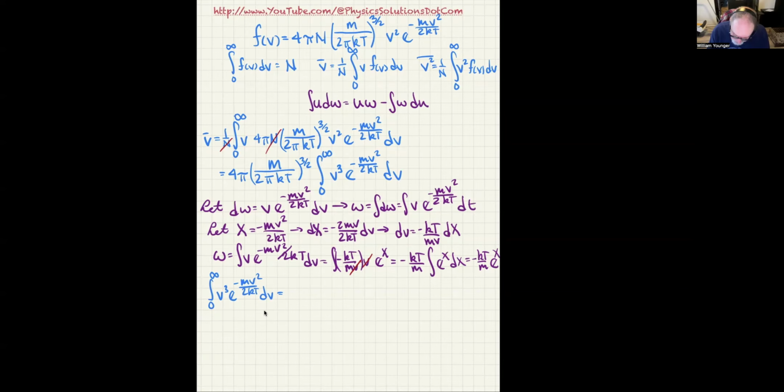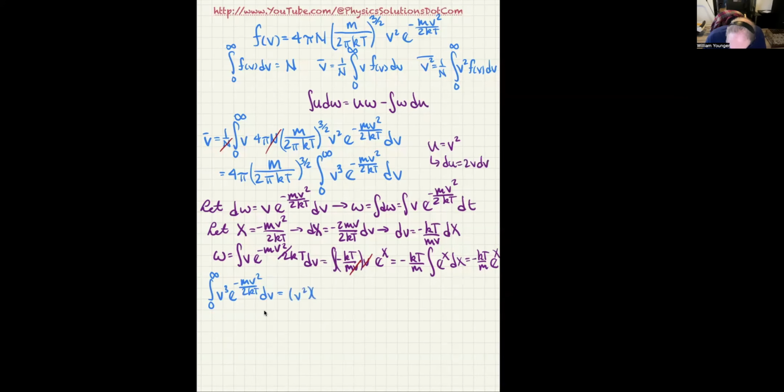I already chose my d omega, so now I'm also going to choose u to be equal to v squared, which implies du equals 2v dv. So now I can use u omega. Oops, I need to put that back in blue. Sorry about that. My u is v squared.